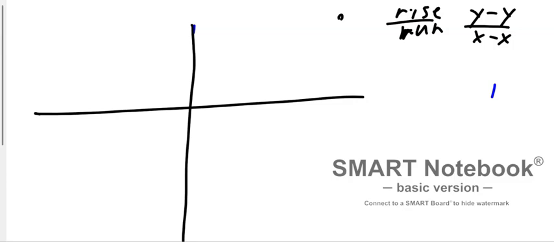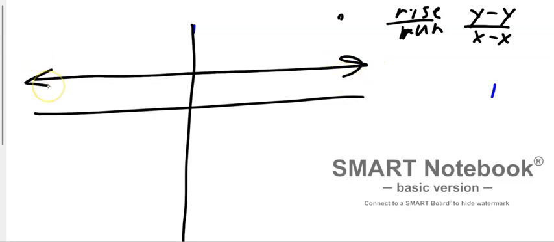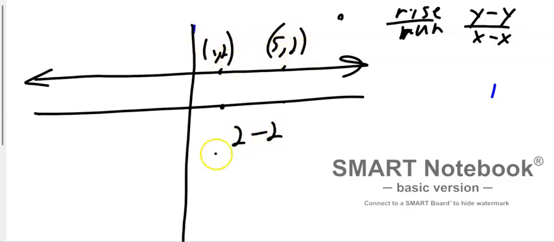So if I have a horizontal line like so, okay, and just think about it. Let's say this is 1, 2, and 5, 2. Well, if I do 2 minus 2 over 5 minus 1, I end up with 0 over 4.